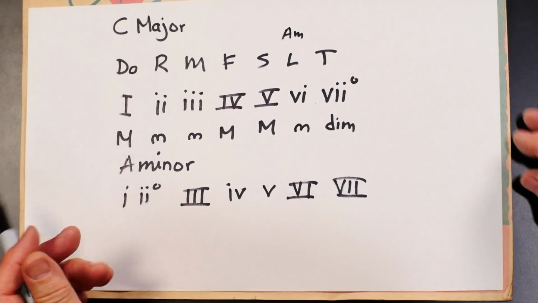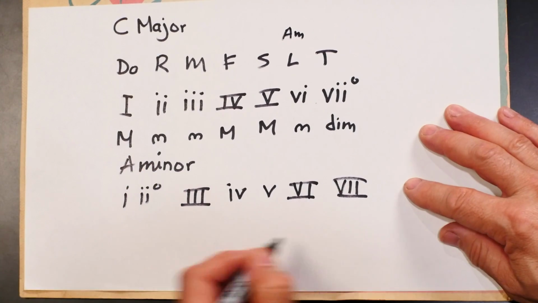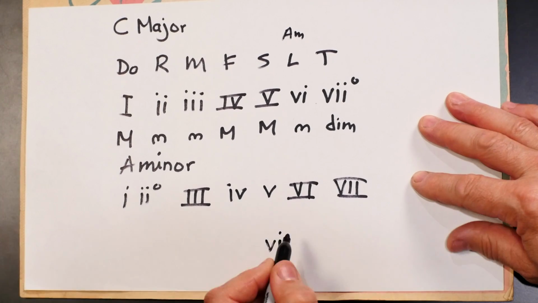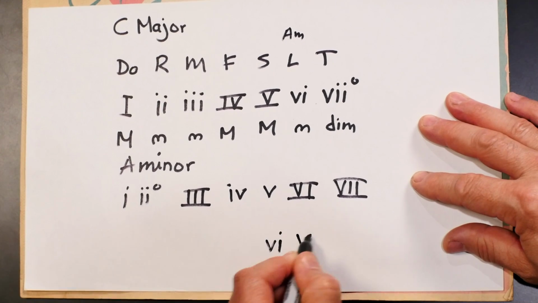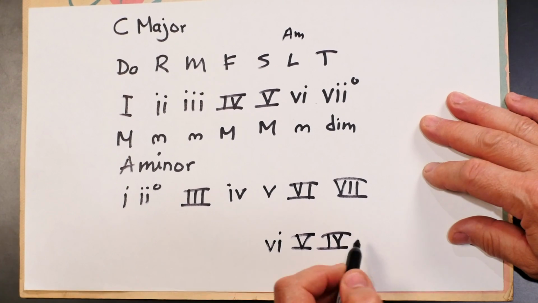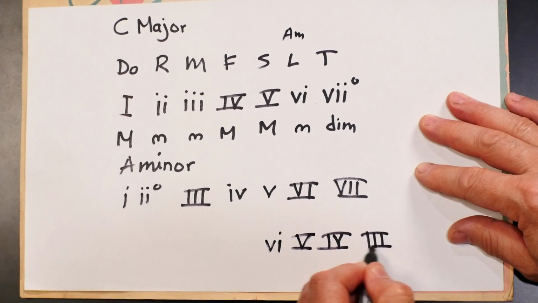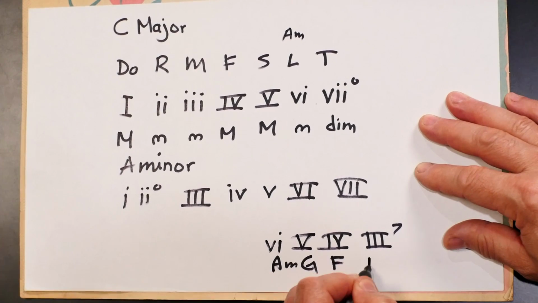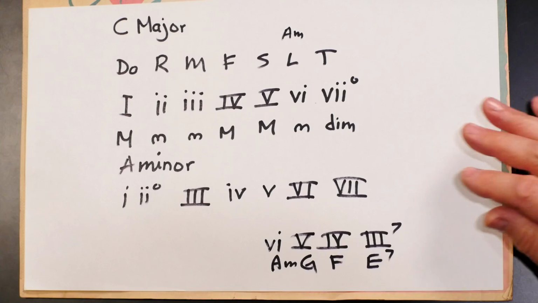So the Andalusian cadence, I'll just write it down here. You could write 6 minor, 5 major, 4 major, and then 3, 7 major. And that's A minor, G, F, E, 7.